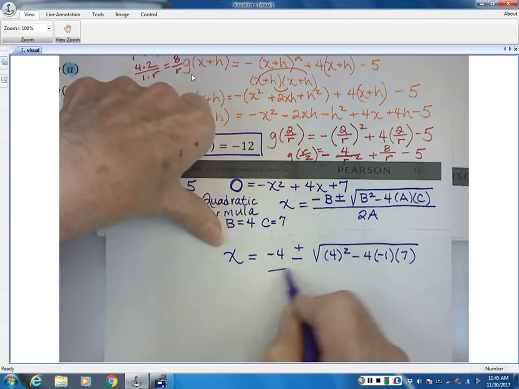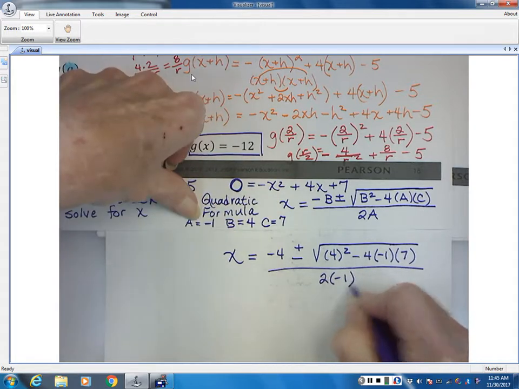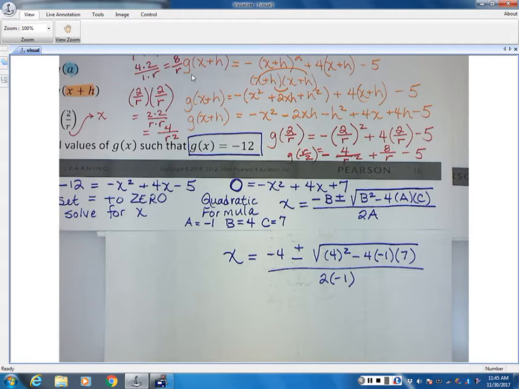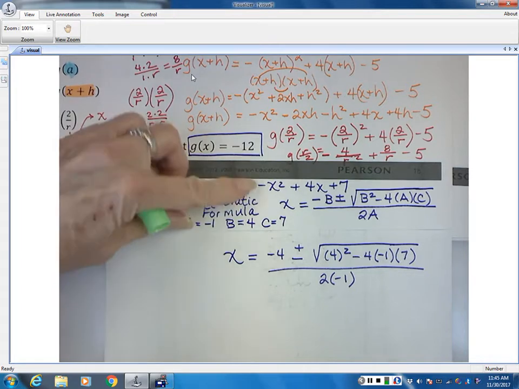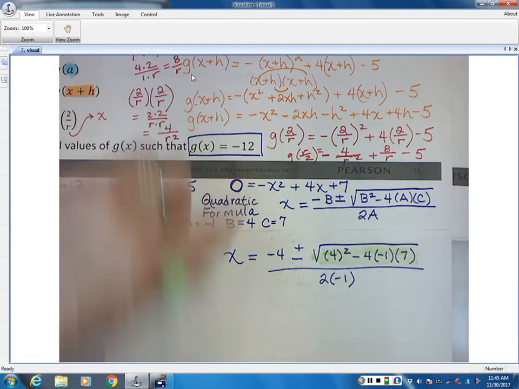And that's all going to be divided by 2 times negative 1. And since the most complicated part of the math is going to be the part under the radical, we'll go ahead and do that part first.